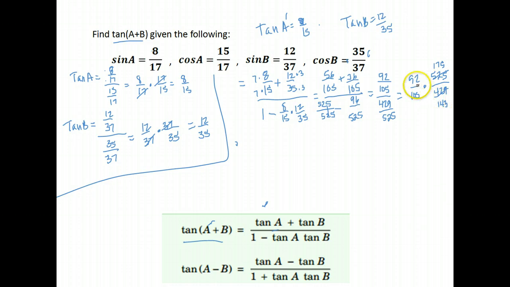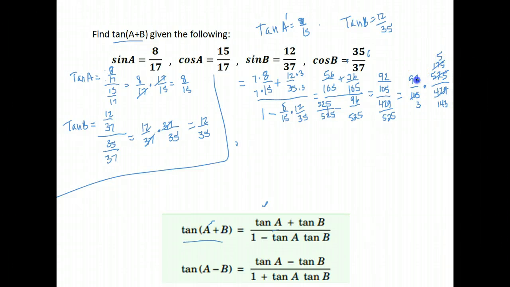Is there any more reducing, like between the 92 and the 143, or the 105 and the 175? We'll notice 105 and 175 both end in a 5. Actually, 35 goes into both of those. 35 goes into 105 3 times, and 35 goes into 175 5 times.